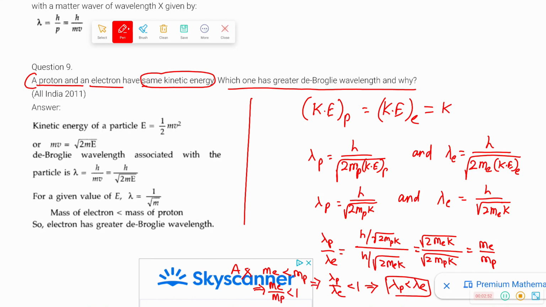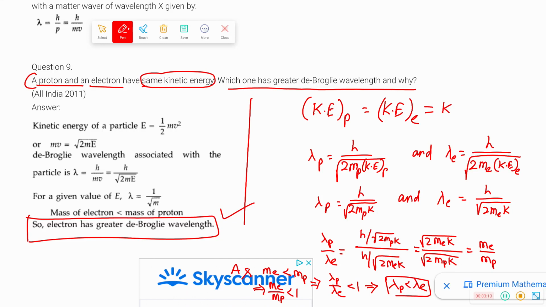So that means lambda p by lambda e is less than 1, because lambda p by lambda e is equal to root of m_e by m_p. Okay. So now you understood that electron has greater de Broglie wavelength.